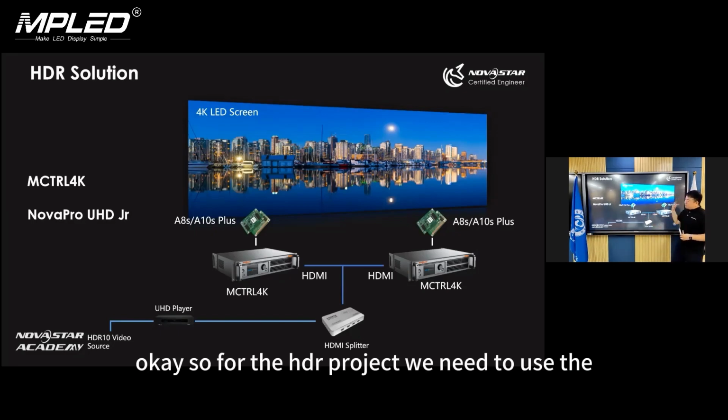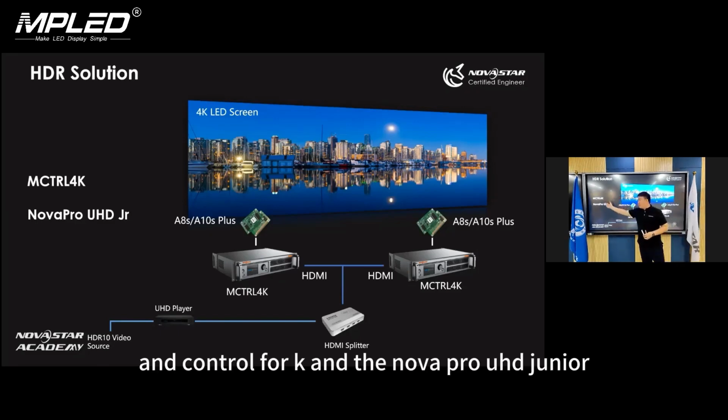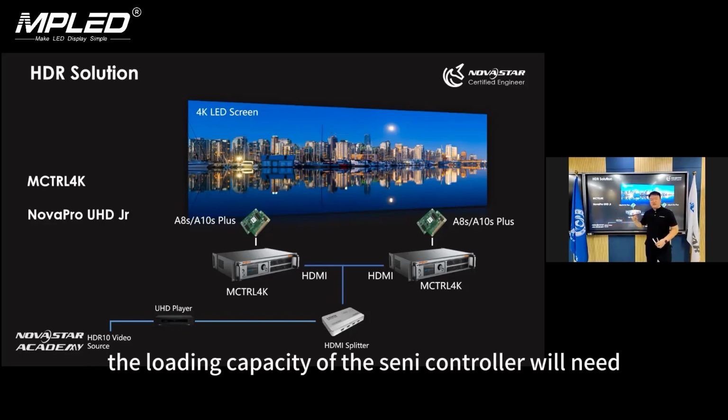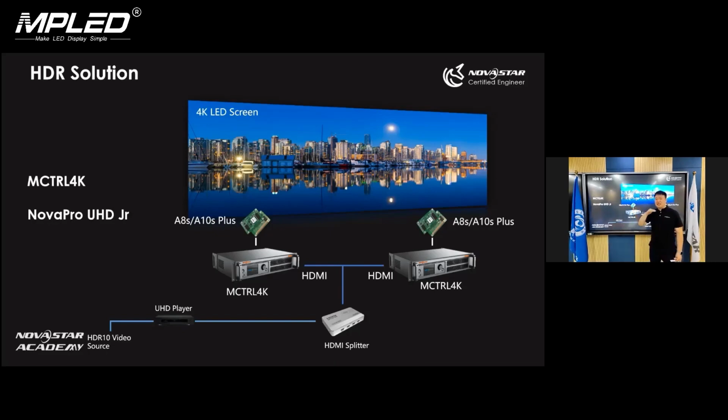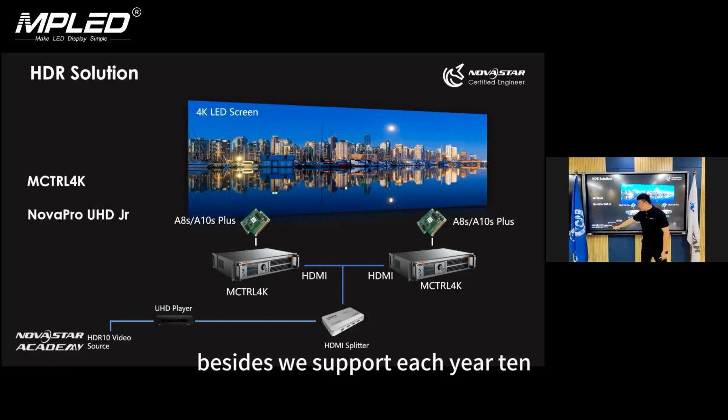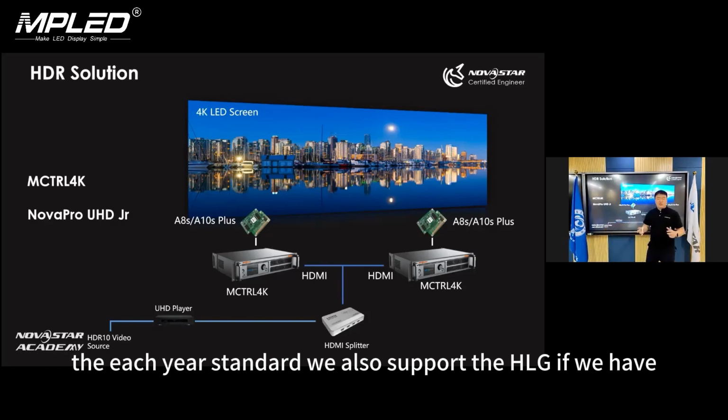Okay, so for the HDR project, we need to use the ARM-Control 4K and the Nova Pro UHD Junior. And please note, the loading capacity of the sending controller will need to be cut down by half. So this is very important. And besides, we support HDR10, the HDR standard.